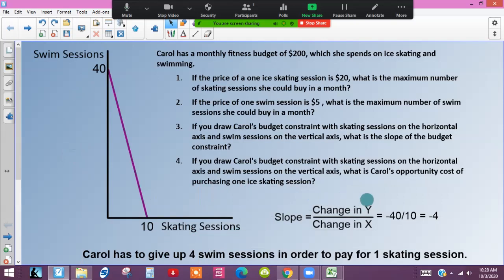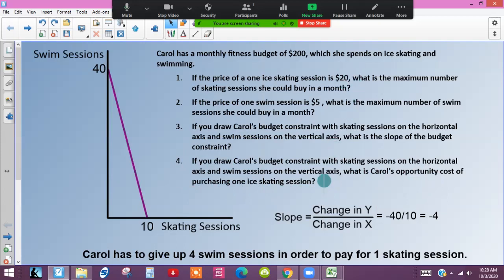So here it's saying, what would Carol have to give up? Well, what would the opportunity cost be in swimming? Because she's going to have to give up swimming sessions in order to get one more ice skating session. So if we look at the price of a skating session, that's up here, it's $20.